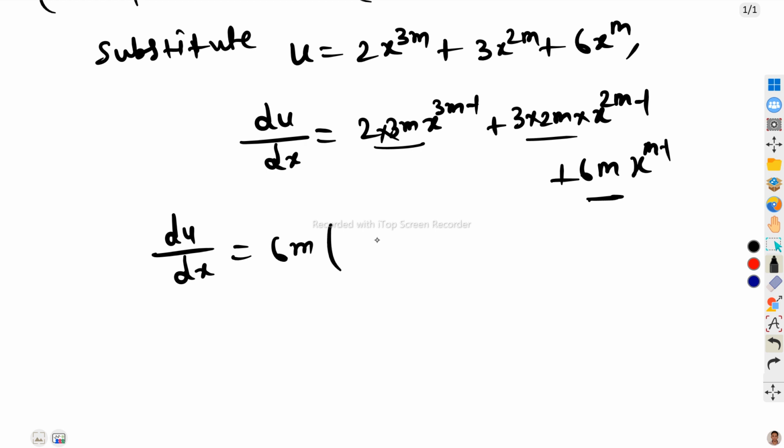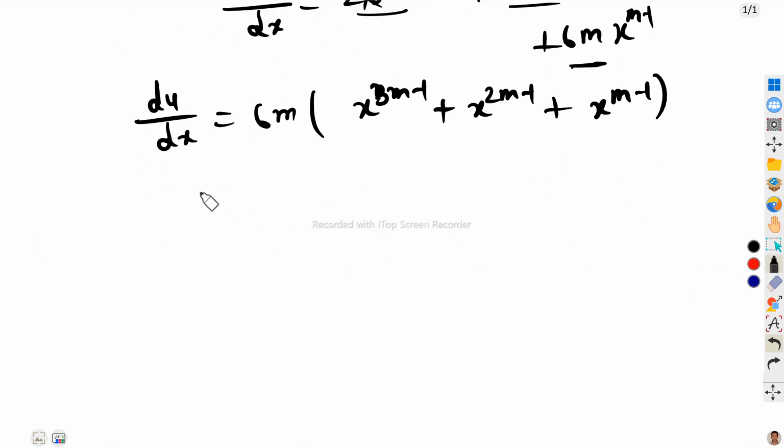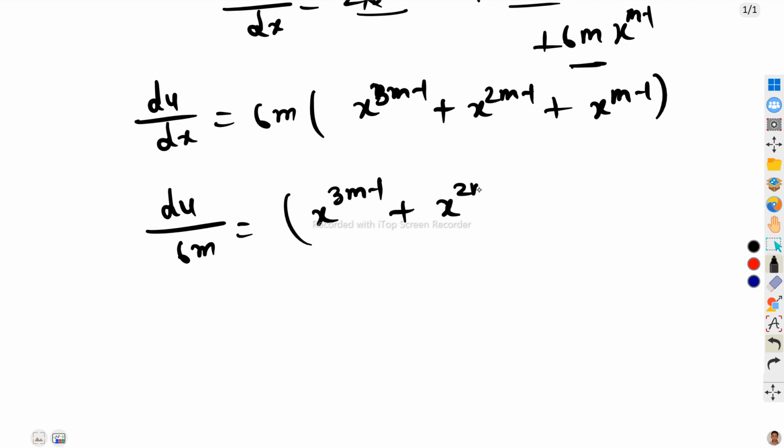Taking 6m common, this becomes x^(3m-1) + x^(2m-1) + x^(m-1). So du/6m equals (x^(3m-1) + x^(2m-1) + x^(m-1)) dx.